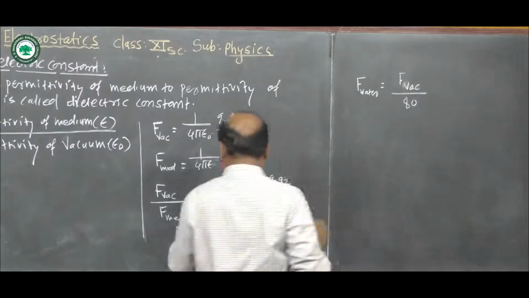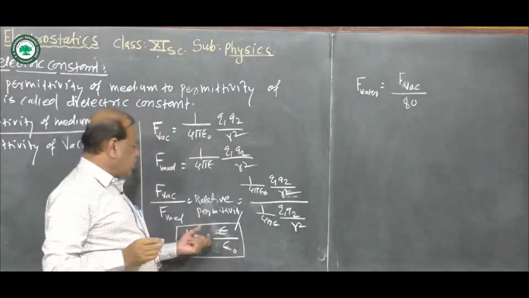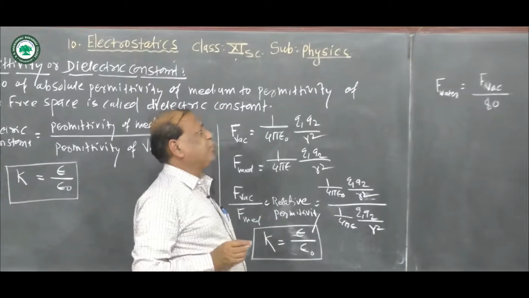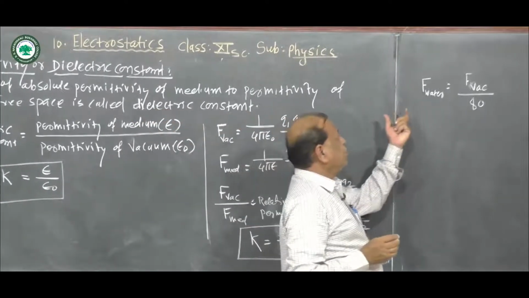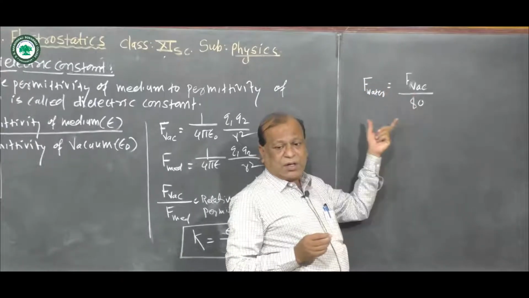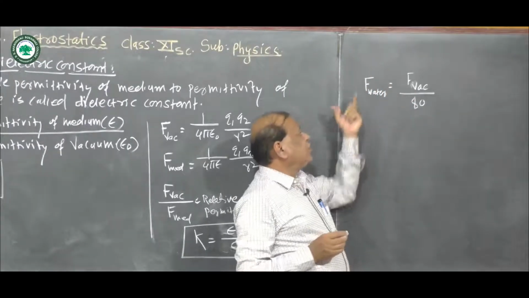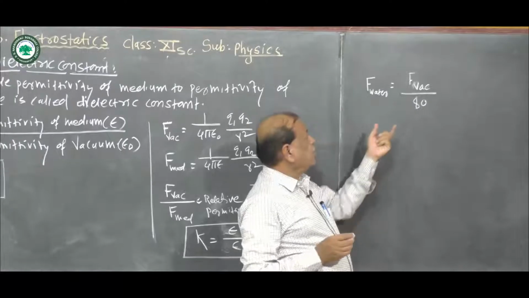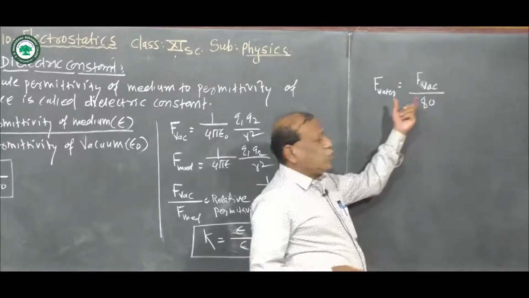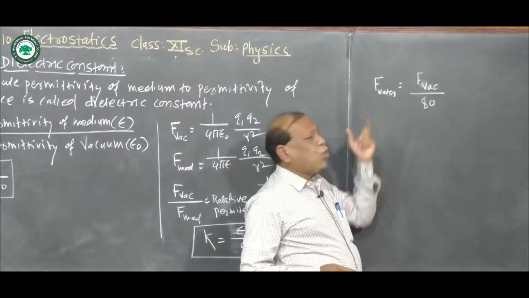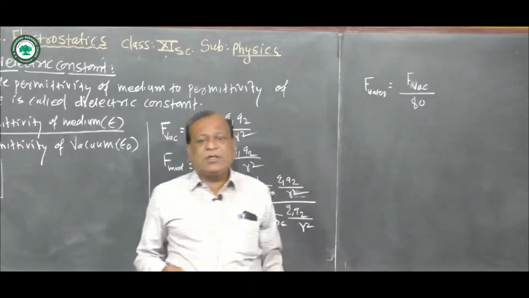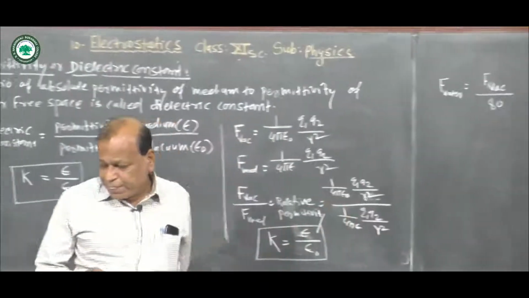Now the relative permittivity for water is 80. This means that the force of attraction or repulsion decreases to 1/80th of the force produced in a vacuum medium.